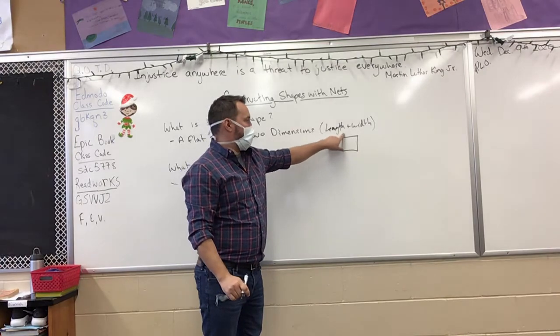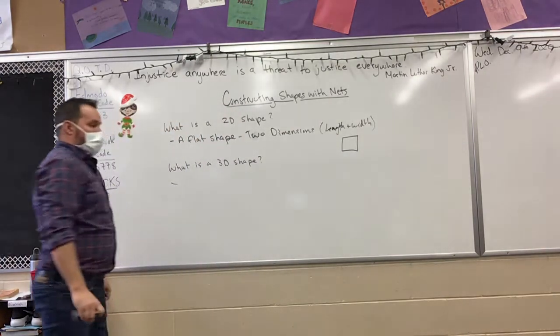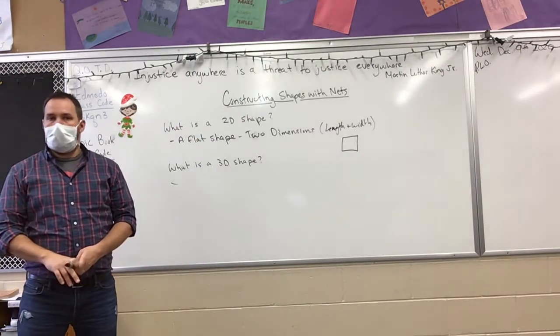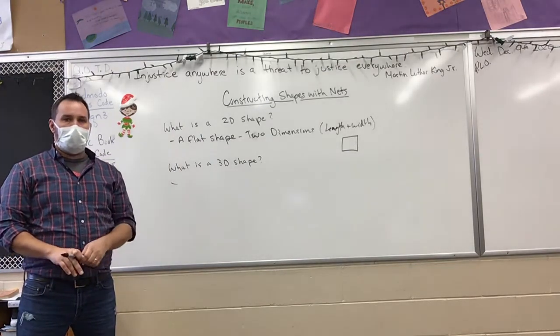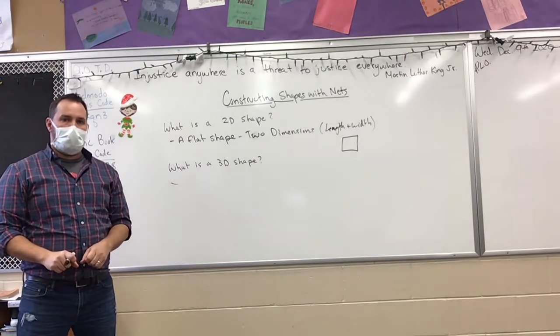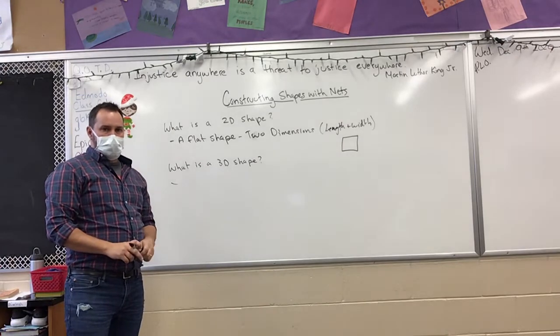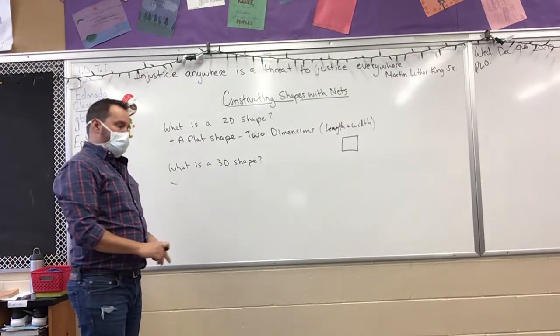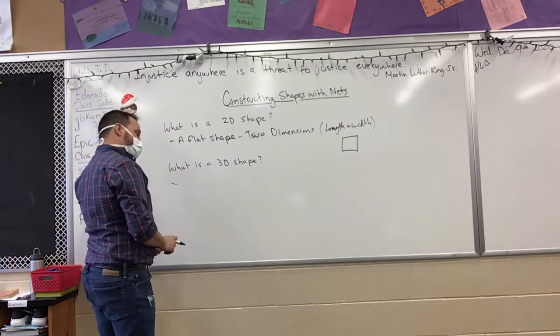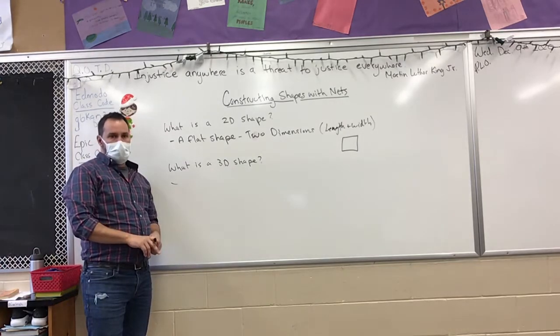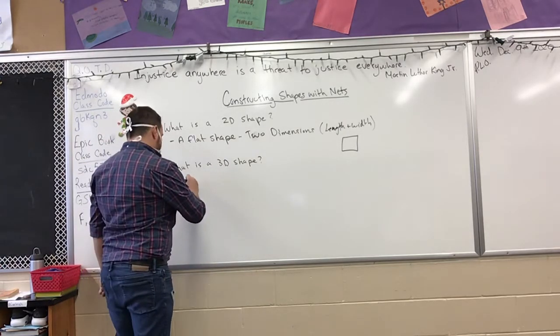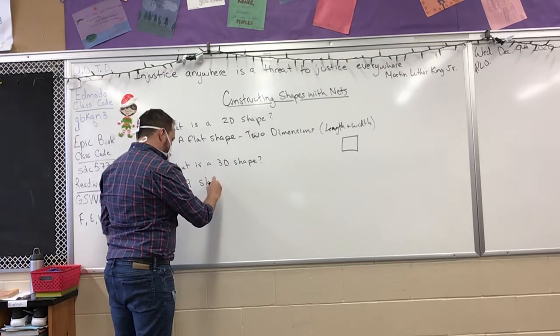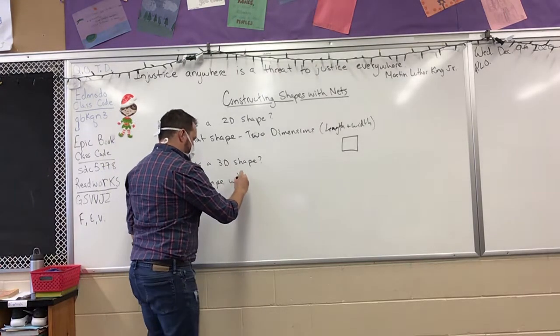2D shape. What is a 3D shape? Keegan? A 3D shape is a shape like saying you could see the entirety of it, a third-dimensional shape. So we can say a shape with 3 dimensions? Yeah.